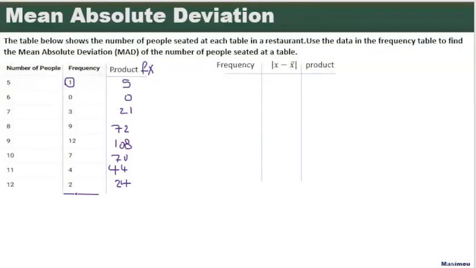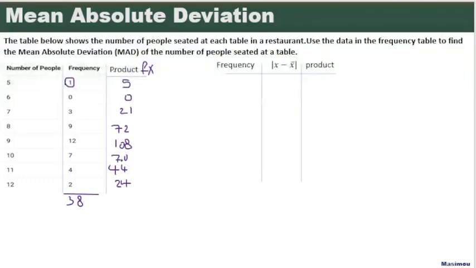Now I find the total number of tables. How many tables do we have? If I add them up, 1 and 3 gives me 4, and 4 plus 9 gives me 13. 13 plus 12 gives me 25, and 25 plus 7 gives me 32, 32 and 4 is 36, and 2 is 38. So I have 38 here.